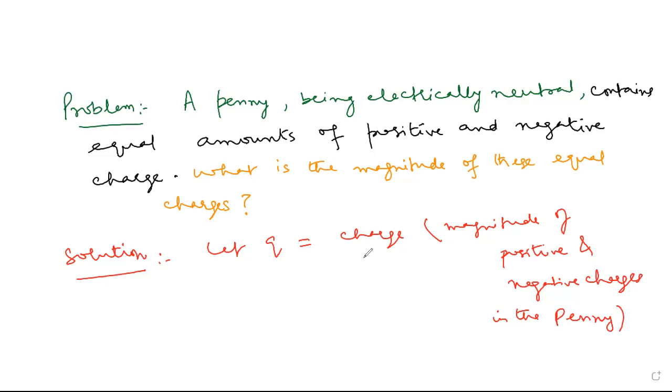So we are representing by Q the magnitude of the positive charge and the magnitude of the negative charge in the penny.